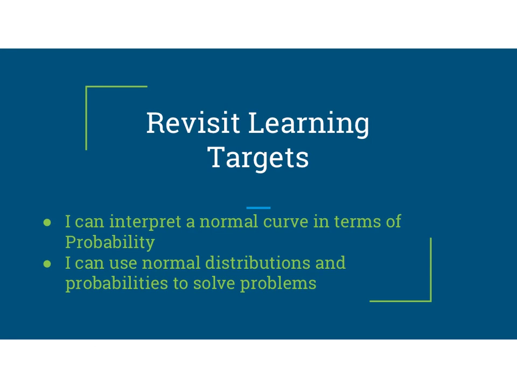Alright, looking back at the learning targets, by now you should be able to interpret a normal curve in terms of probability. So the whole random selection process and the possibility that we can randomly select something. And then you should be able to use normal distributions and probabilities to solve problems, like ours, which was all about determining how many snaps per day a randomly selected student would send.